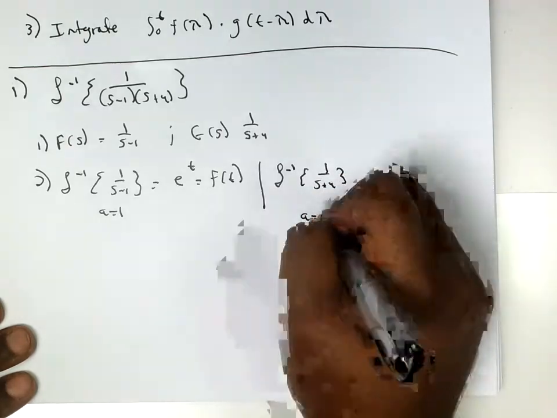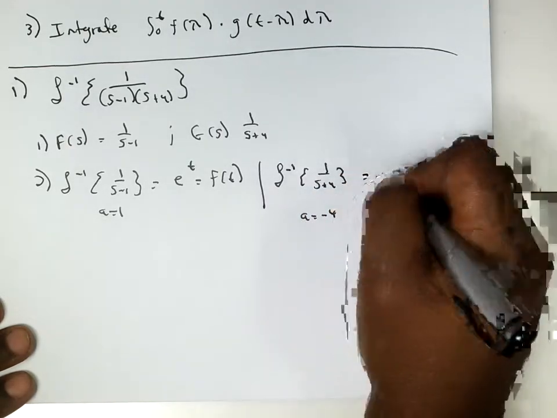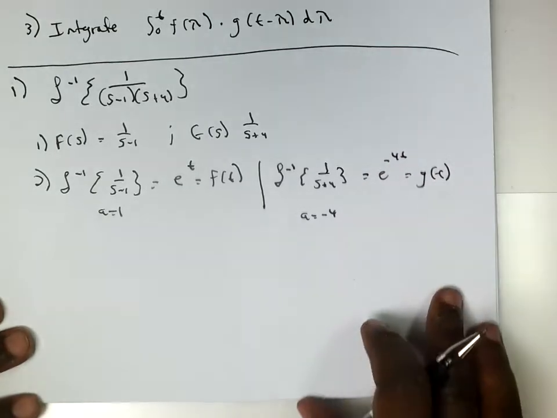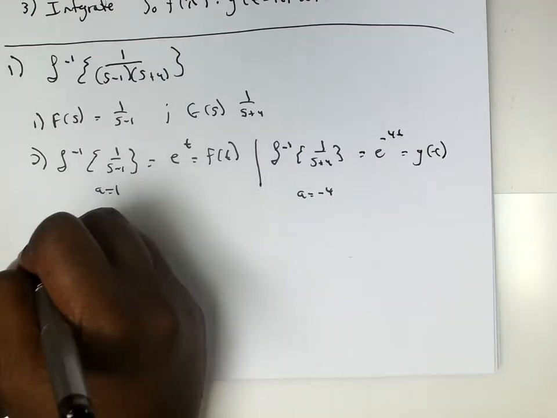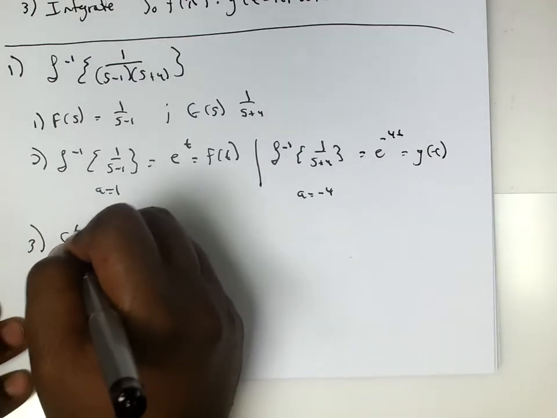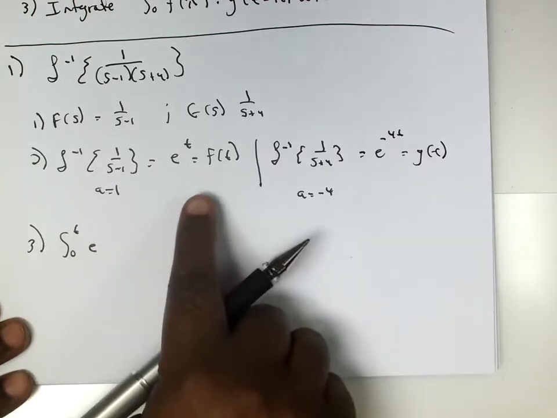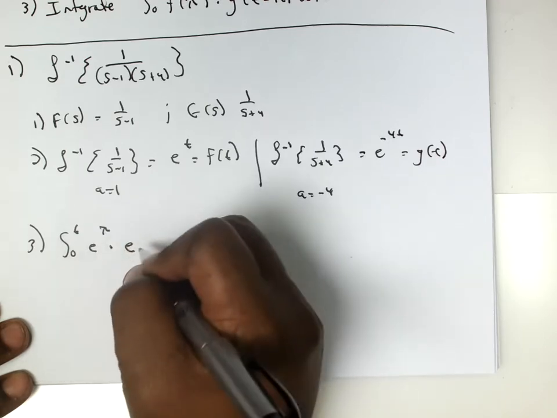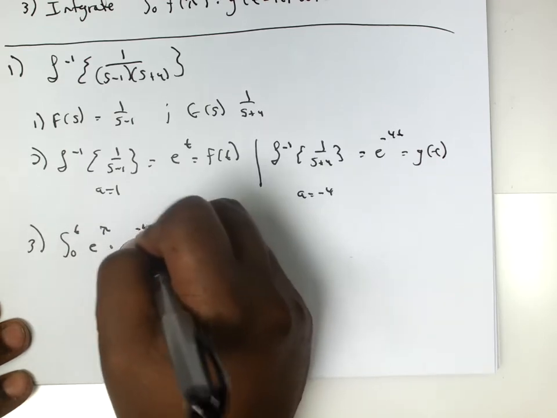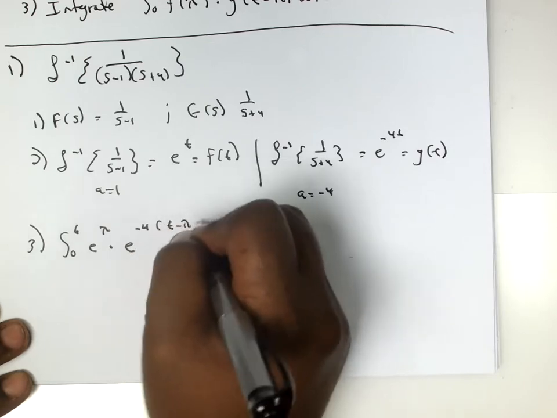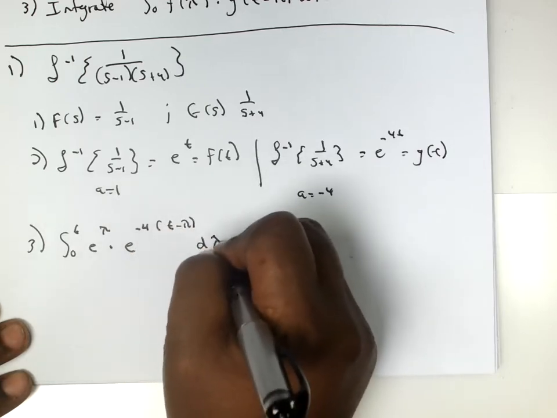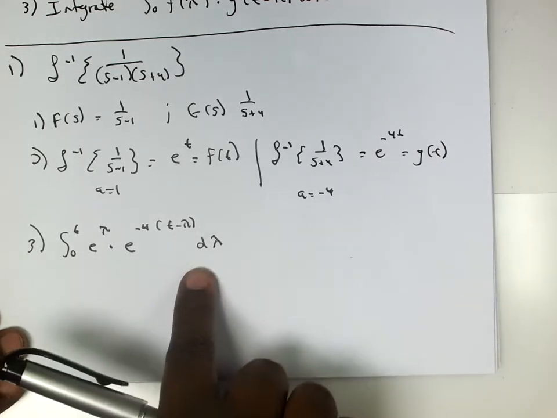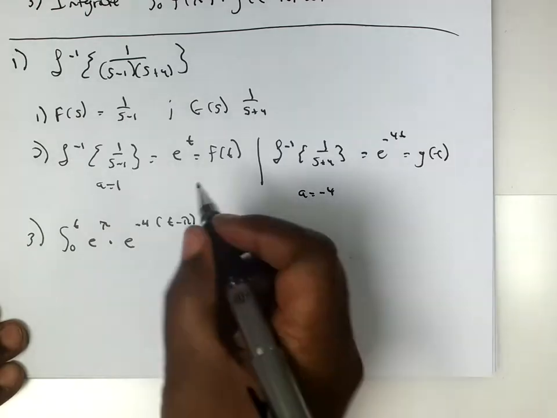And here a is equal to negative 4, so we get e to the negative 4t. And that's our g(t). And now we're going to integrate from 0 to t of f(tau), so we get e to the tau, times g(t minus tau), so that gives us e to the negative 4(t minus tau) d tau. So I want to kind of clean this stuff up and remember that we're integrating with respect to tau.